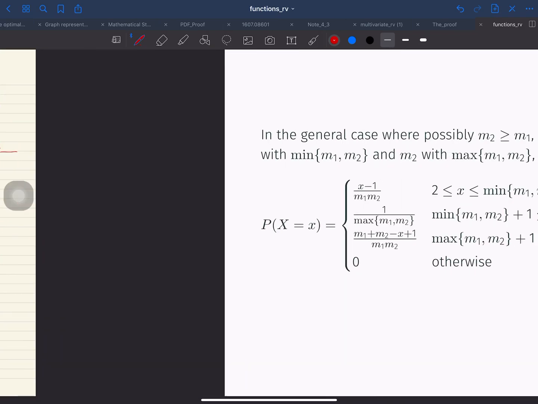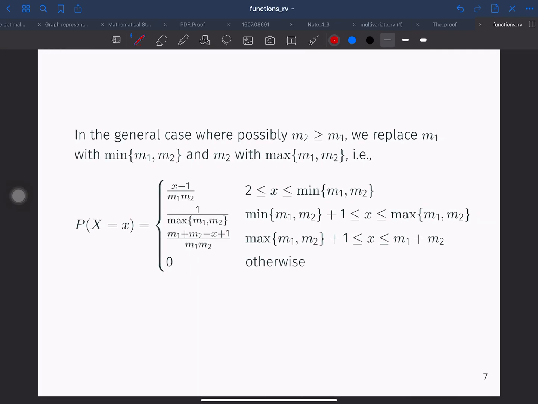In the general case, where possibly M2 is bigger than M1, then we just have to do a simple replacement. So if M1 is less than M2, you will use M1. Therefore, you can replace M1 with the minimum of M1 and M2, and then replace M2 with the maximum of M1 and M2.